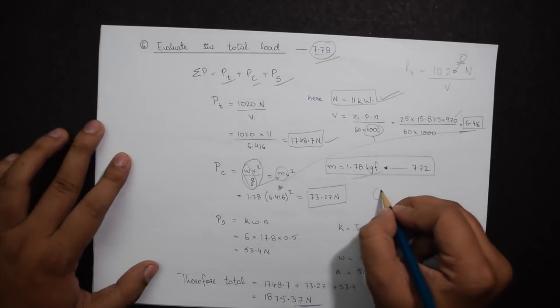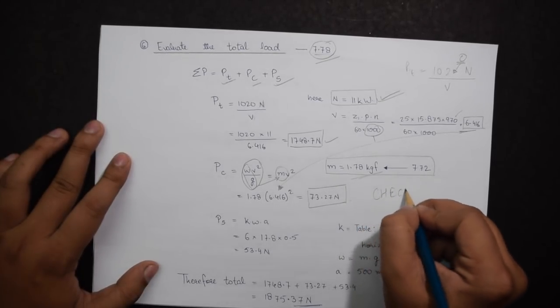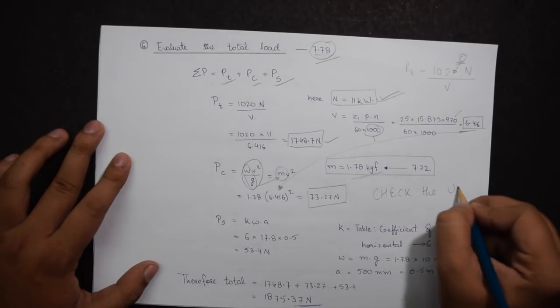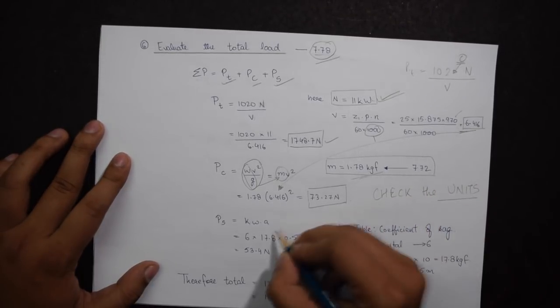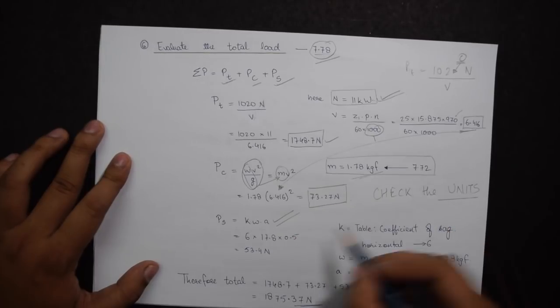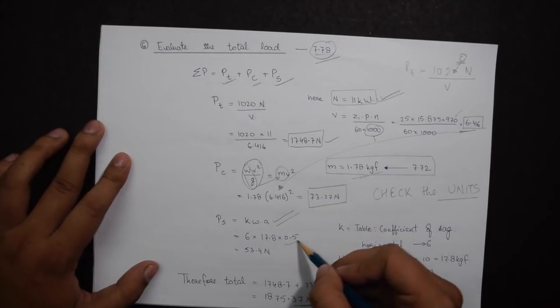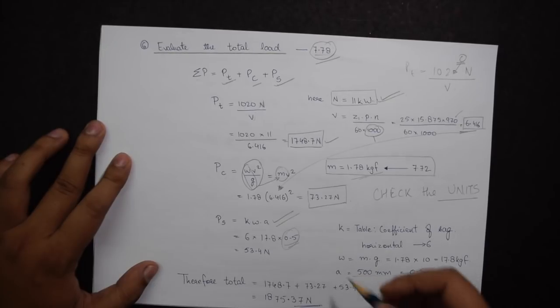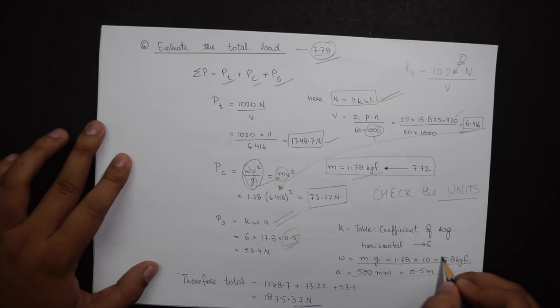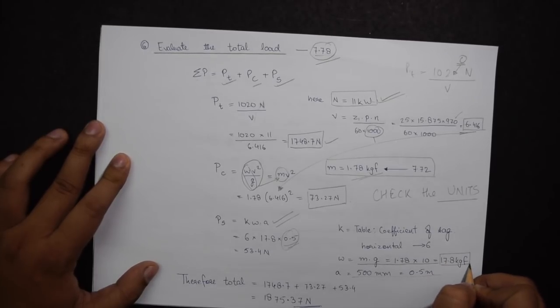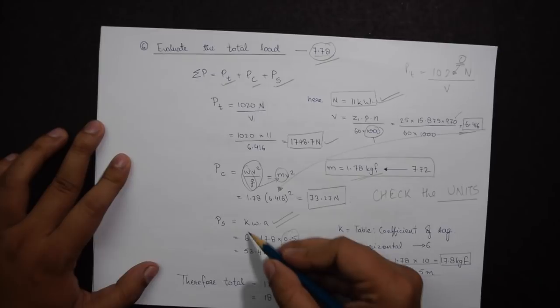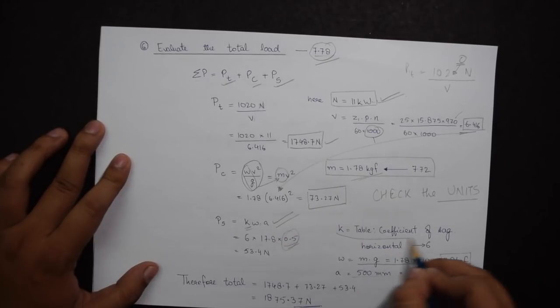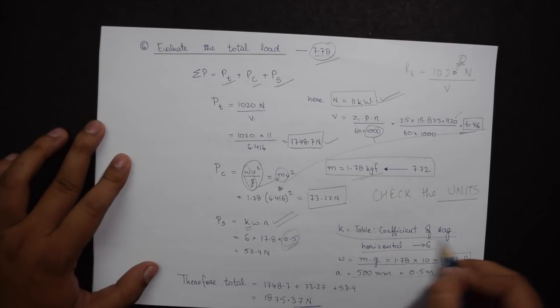What is left is P s, that is tension due to sagging of chain, given by the formula K into W into A. Now, A is 0.5 meters or 500 mm. W can be written as mg or 1.78 into 10, that gives us 17.8 kgf, and we find the value of k from the table on 7.78, coefficient for sag k.